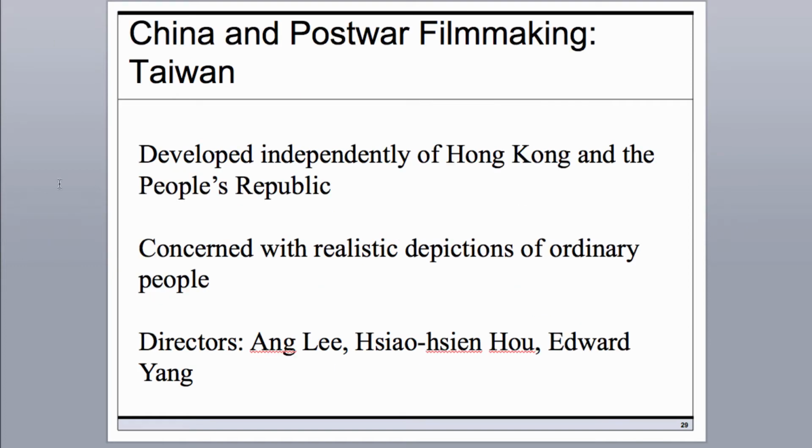People start showing differences between Hong Kong and the People's Republic of China, with realistic depictions of ordinary people. If you haven't heard of some of their social control issues, they would say no couple could have more than one child, things like that. But out of this comes Ang Lee, who has influenced American film greatly and shared his culture through his own films, like Crouching Tiger, Hidden Dragon from 2000, showing his sensational use of film.